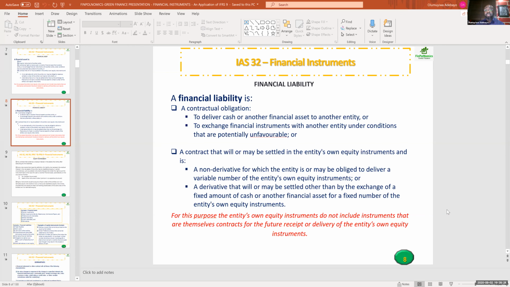But under financial liability, the opposite is the case, which means you're required to deliver or settle with a variable number of your own shares. Or in the case of a derivative, as we discussed earlier, a derivative could be an asset, a derivative could be a liability. We are going to understand that as we move on in that discussion.